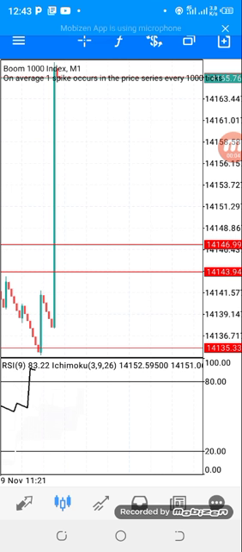I just want to do a kind of an upgrade to the last video I posted concerning how you can use the support and resistance line to determine your spike zone and to determine your trade.